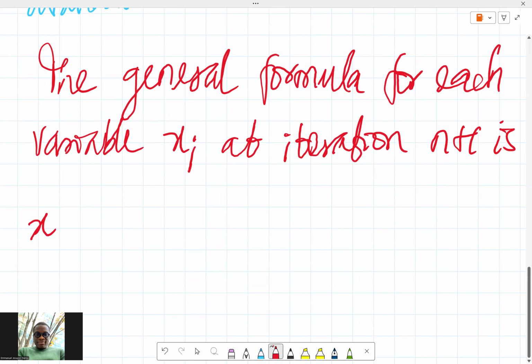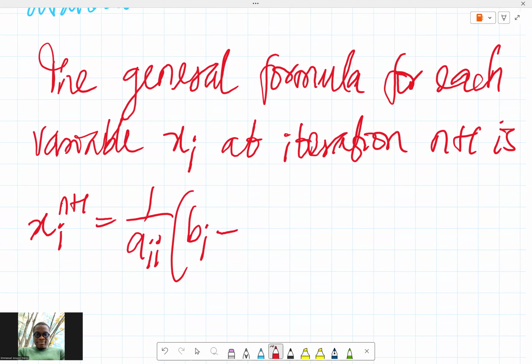So you have x_i^(n+1) equals 1 over a_ii into b_i minus summation j less than i, a_ij, x_j. Now, as soon as x is available, you use that n plus 1 immediately.